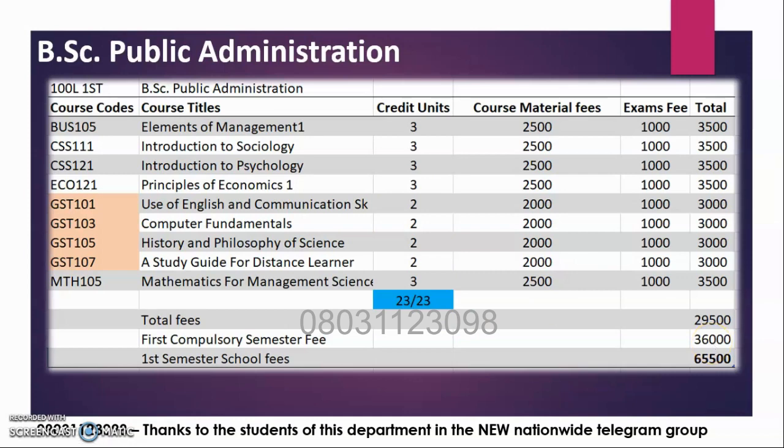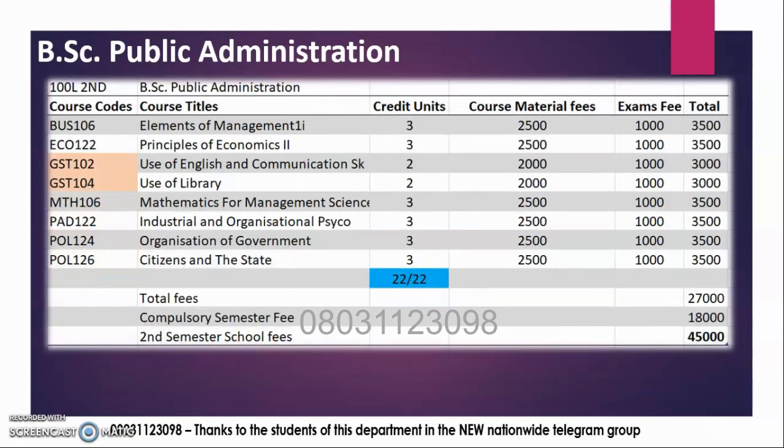Then from second semester onwards, you'll be paying 18,000 instead of this. The cost of registering for exams and course materials is 29,500, making a total of 65,500 for first semester 100 level.